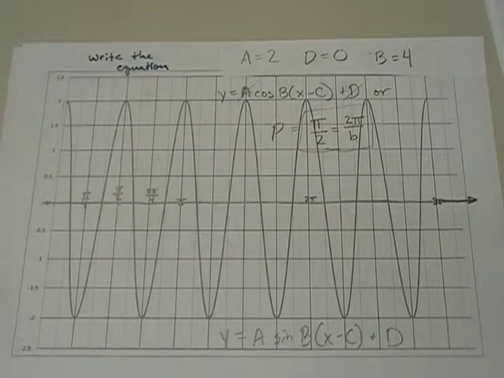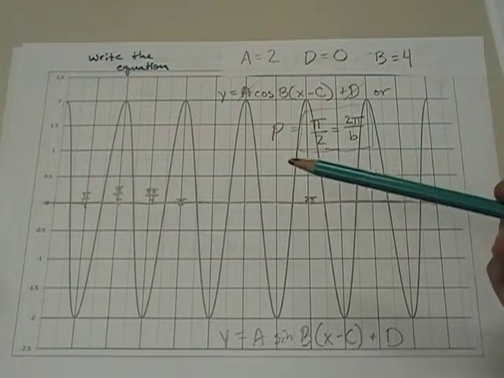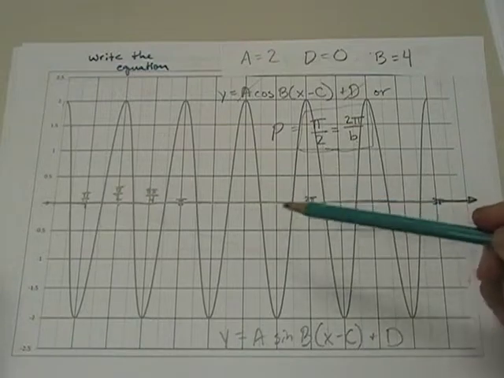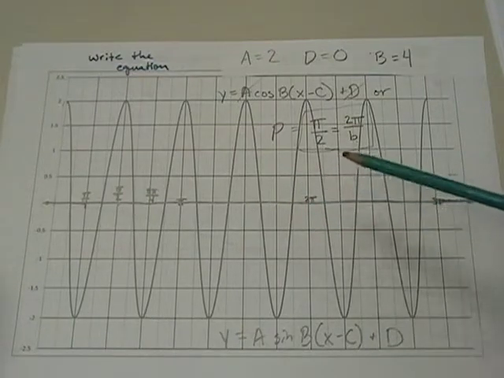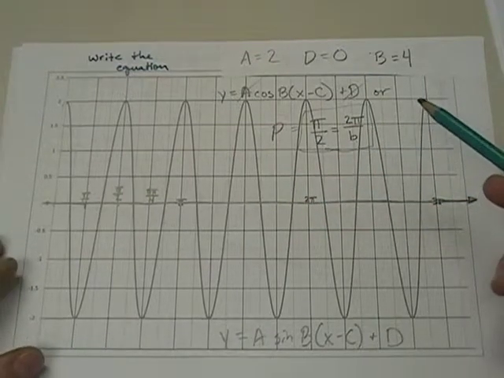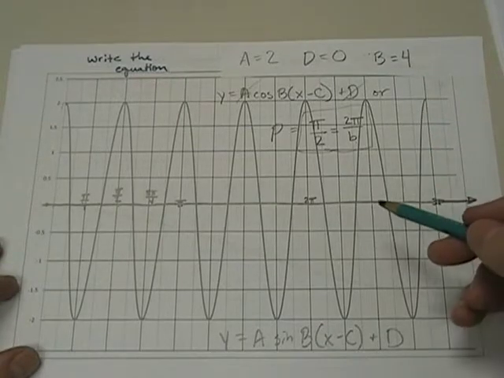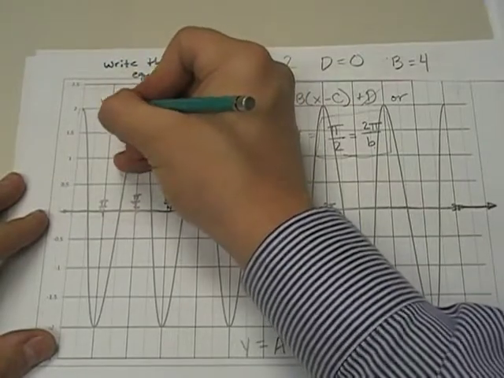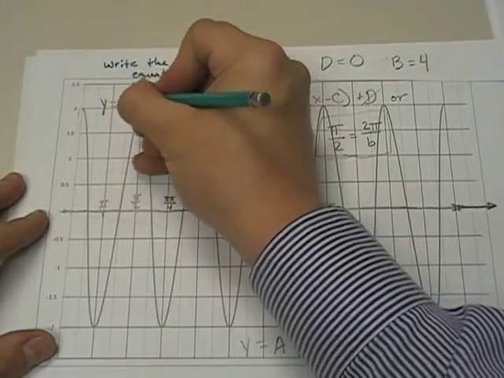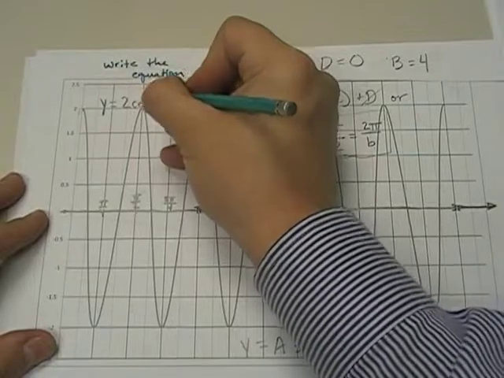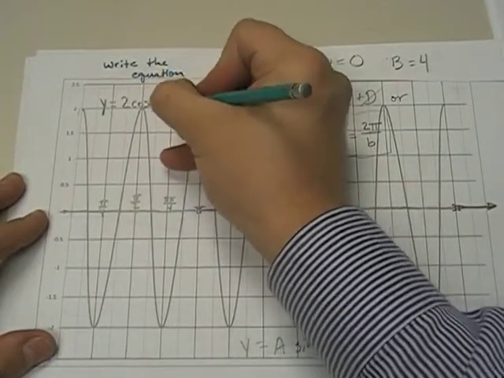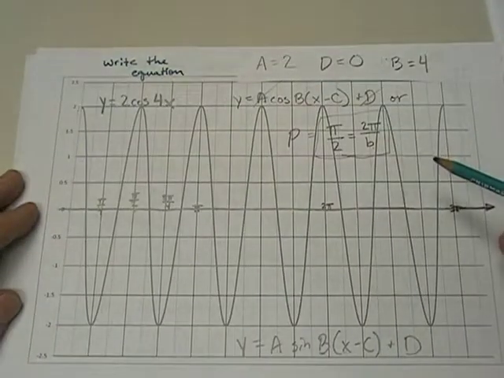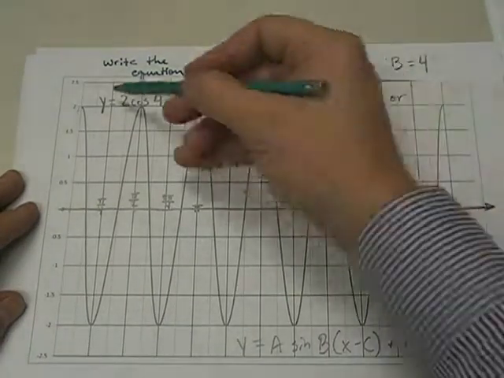If cosine starts at a peak and the graph in question also starts at a peak, there is no horizontal shift or phase shift. So for cosine, C would be 0. So write that equation. That equation would be y equals 2 cosine 4x. Because C would be 0 and D would be 0.